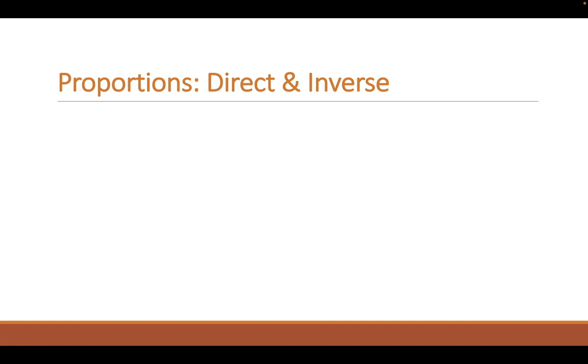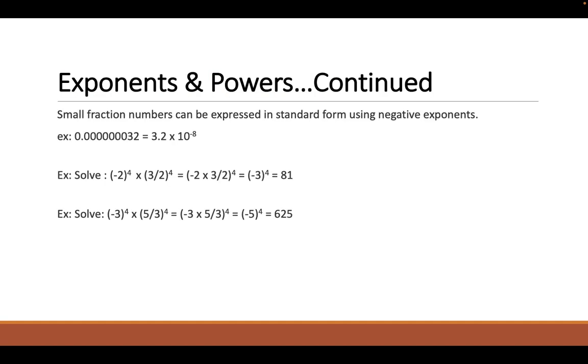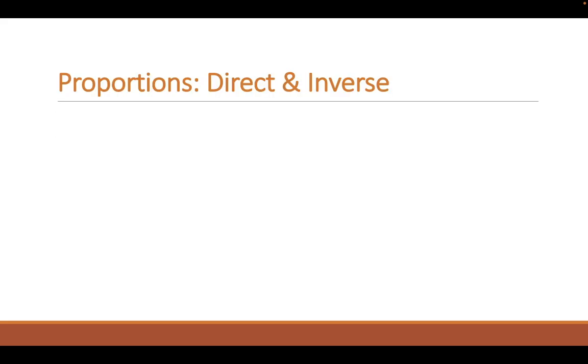So that is a very simple explanation of exponents and powers, what are the properties of exponents and powers, and how to solve the problems. Next one in this series we have proportions, which is going to explain what are the proportions. Direct proportion or inverse proportion.